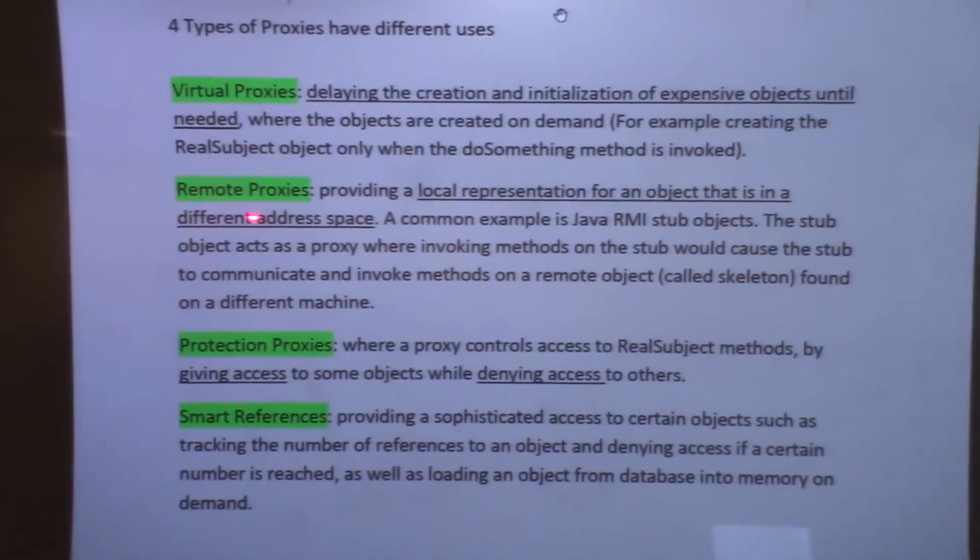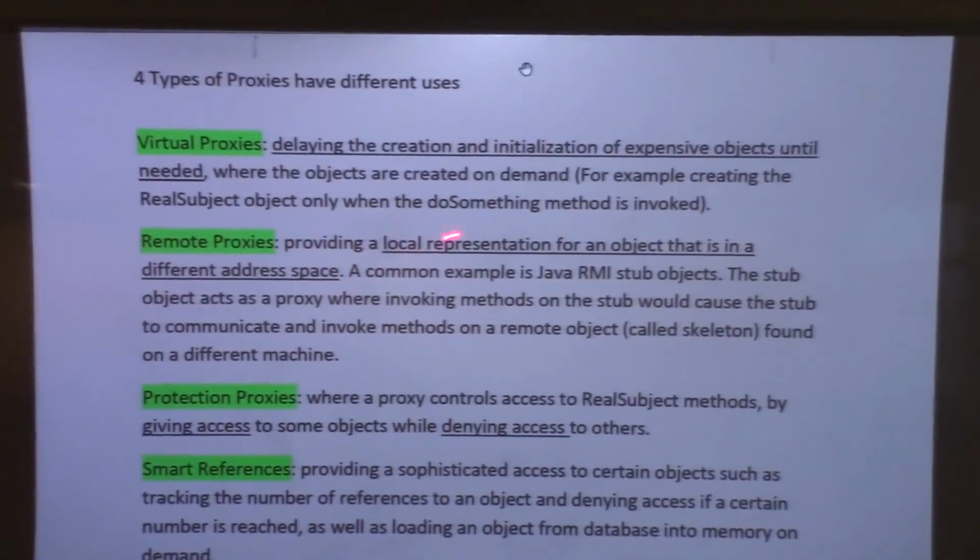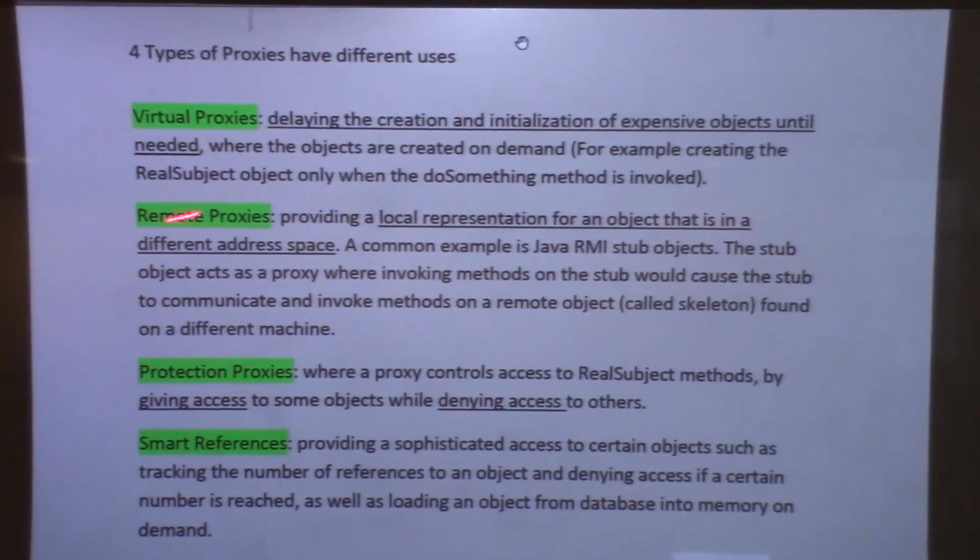Another one is called a remote proxy. A remote proxy is a local representation for an object that is in a different address space. So for example, if you have an object that's running on this machine, and I'm running another application on this machine, so I could have a proxy here that acts like an agent for this object.